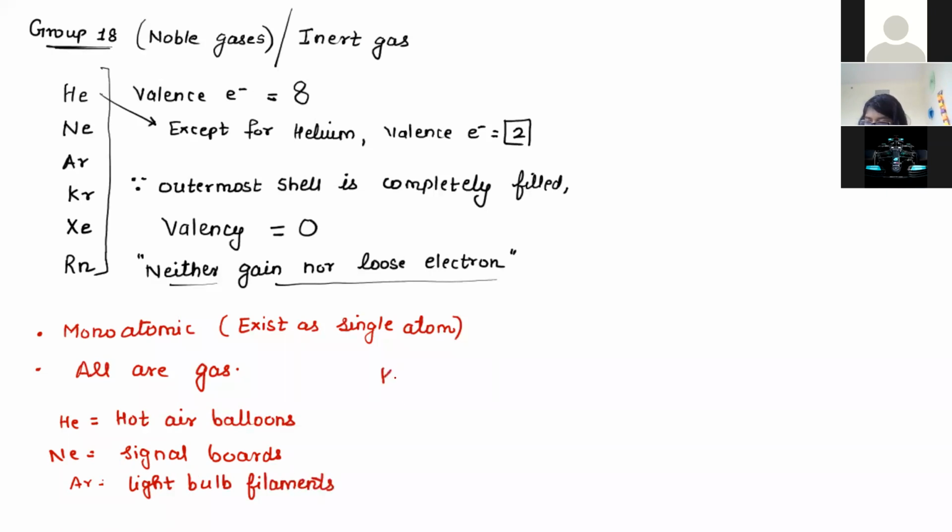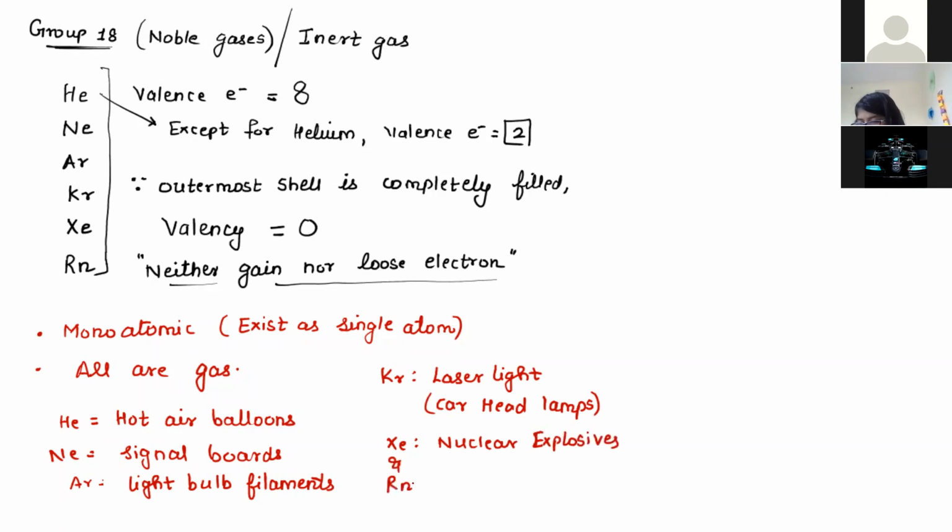Krypton is used in laser lights or car headlamps. Xenon is used in nuclear explosives. Xenon and radon are basically used, and even krypton is used in nuclear explosives. So all these are some applications of group 18.